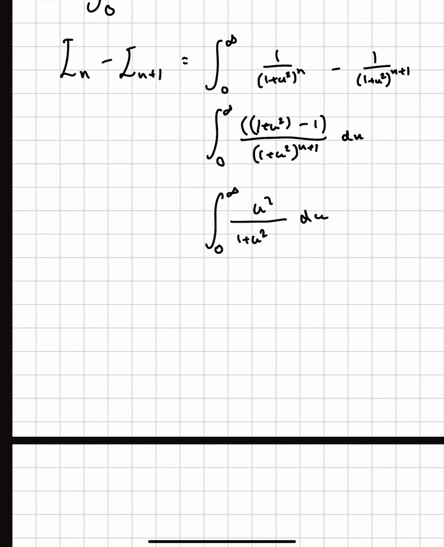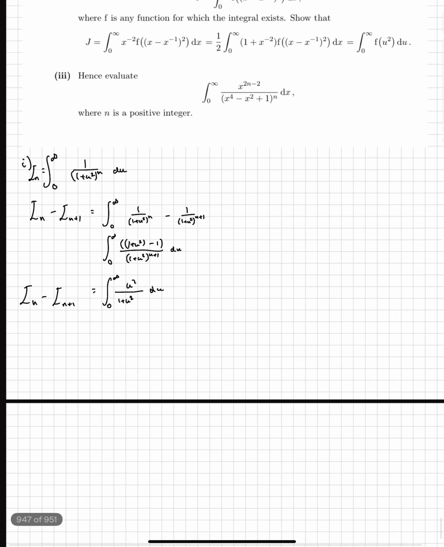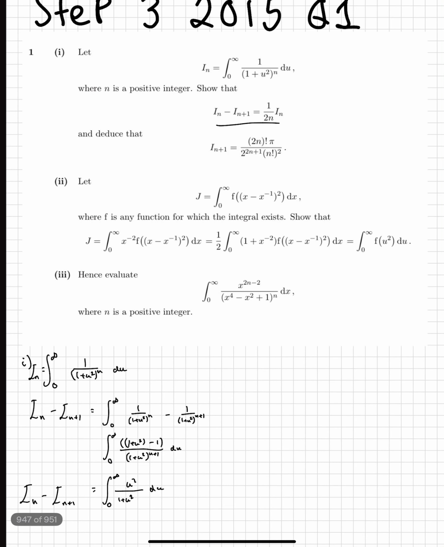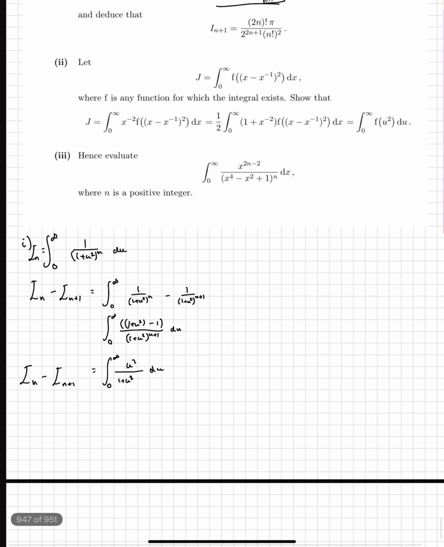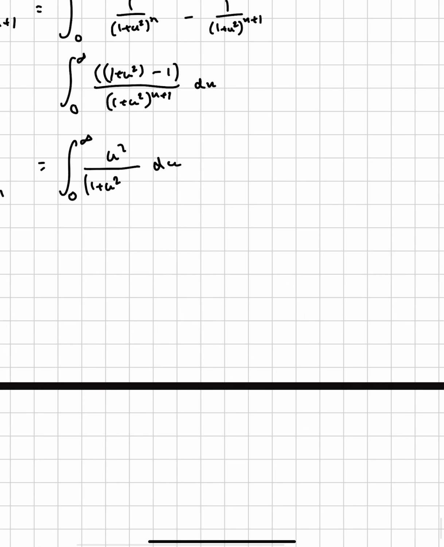Okay, so I of n minus I of n plus 1. When we're solving an integral in this particular type of way, where we haven't already found out what this is equal to, it means we're probably going to have to use integration by parts.